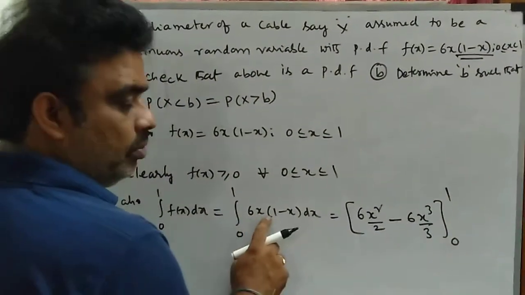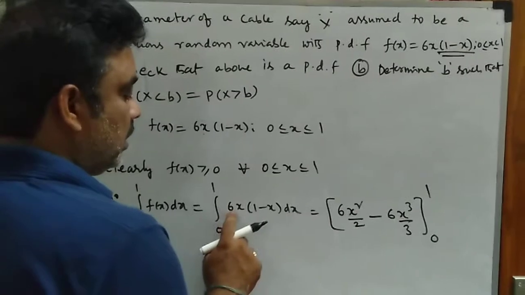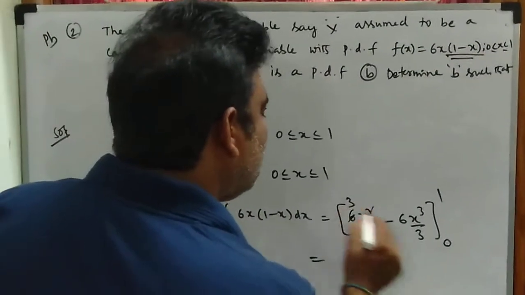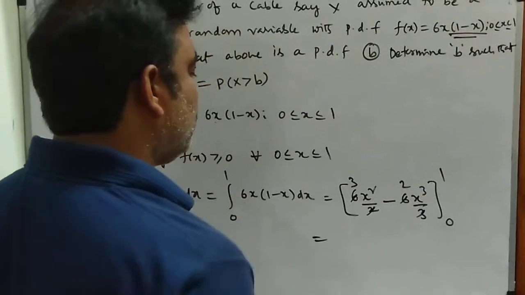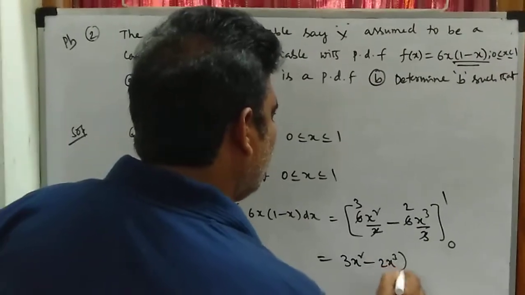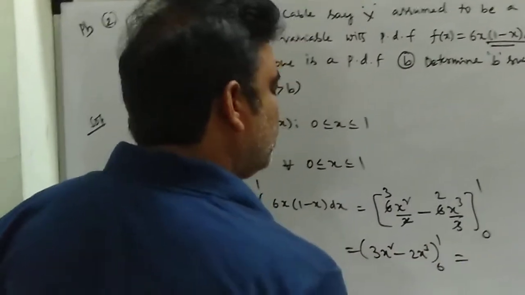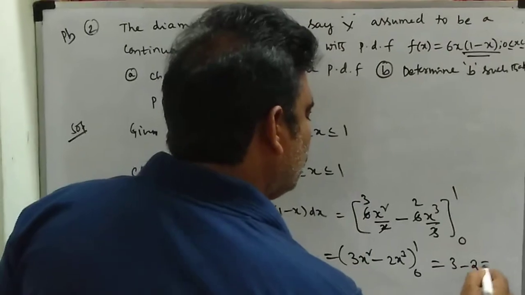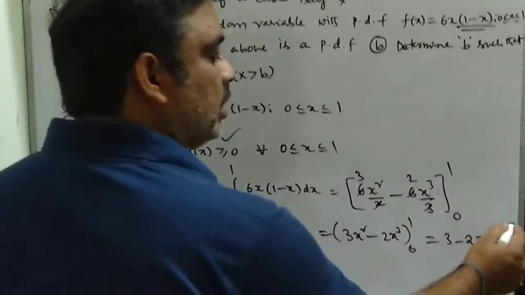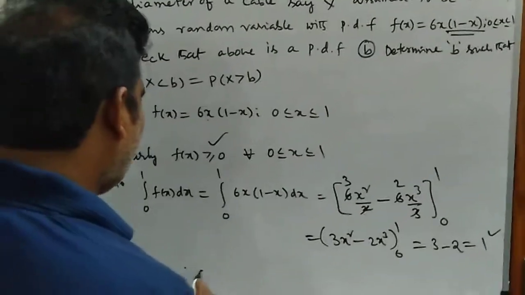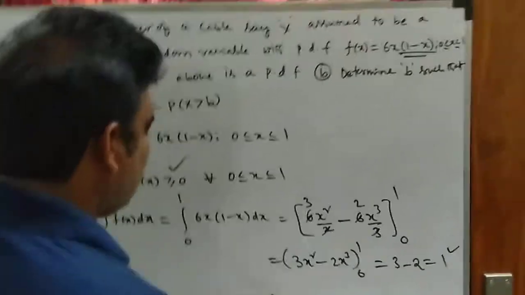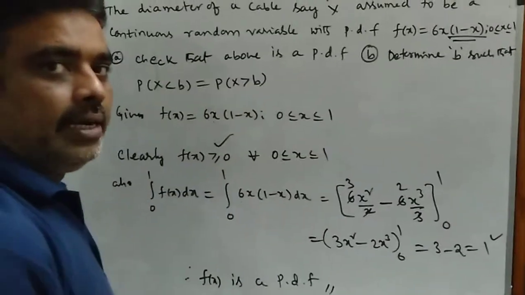The first term 6x integrates to 6x square by 2, the second term 6x square integrates to 6x cube by 3. So 2 threes and 3 twos. So the value is 3x square minus 2x cube between 0 and 1. That is 3 minus 2, which is equal to 1. So you can observe that the two conditions are satisfied. Therefore, f of x is a probability density function. So the first bit is completed.